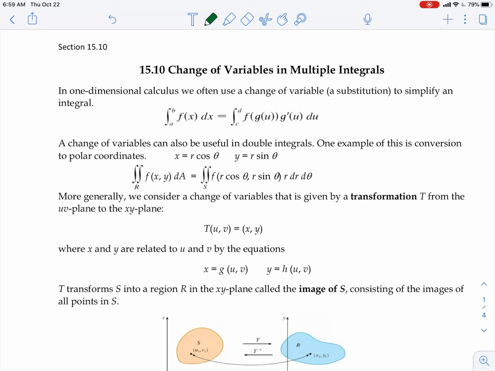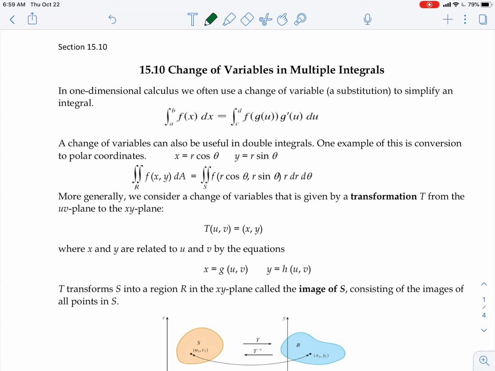When we're talking about double integration, instead of integrating above an axis, you're integrating below a surface, but above a region.